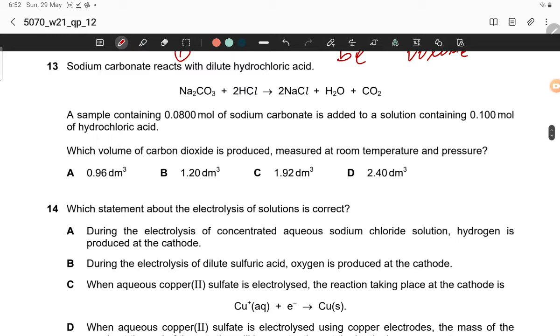Sodium carbonate reacts with dilute hydrochloric acid. A sample containing 0.0800 mole of sodium carbonate is added to a solution containing 0.100 mole of hydrochloric acid. Which volume of carbon dioxide is produced, measured at room temperature and pressure?